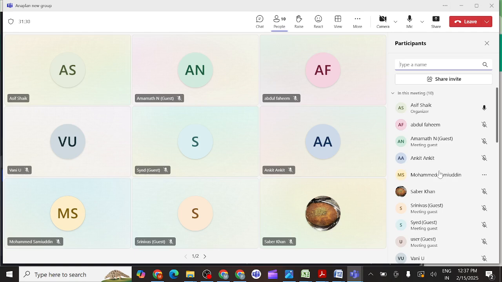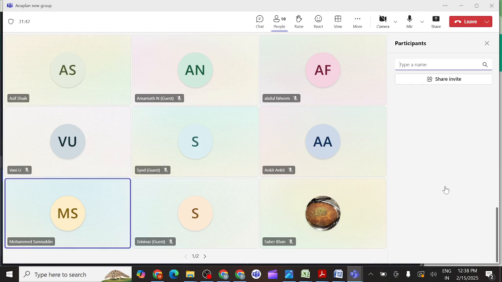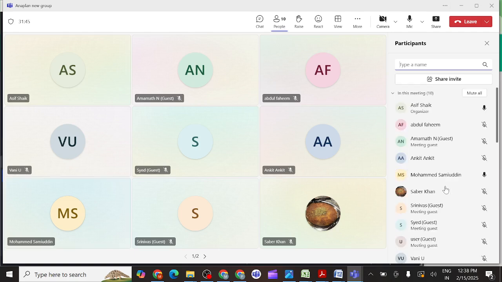So other than this one, cash flow statements we need to calculate. Under the cash flow statement, what are the things that come?